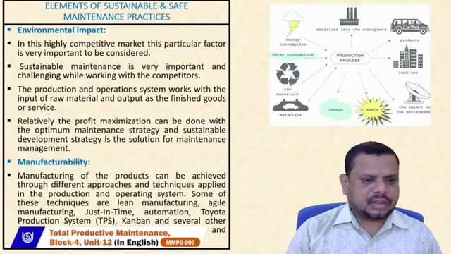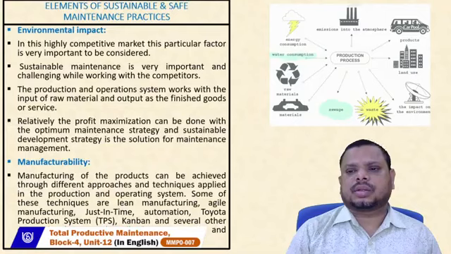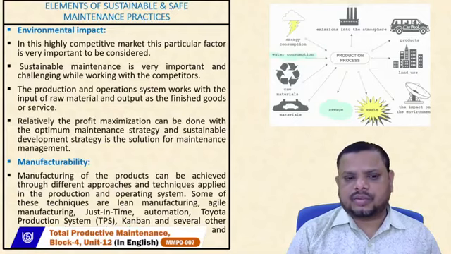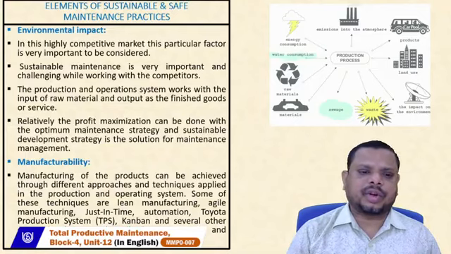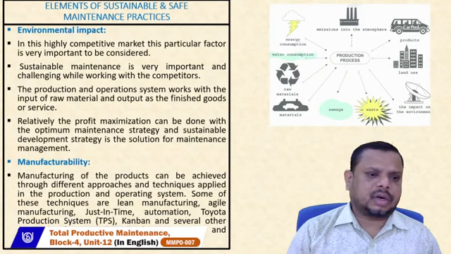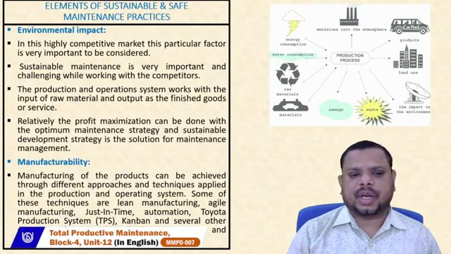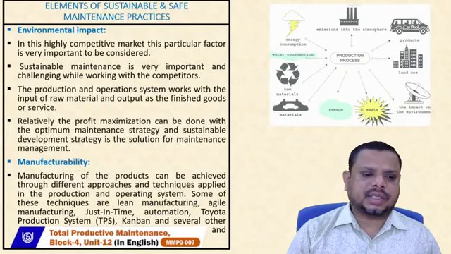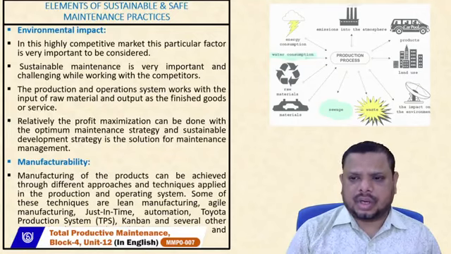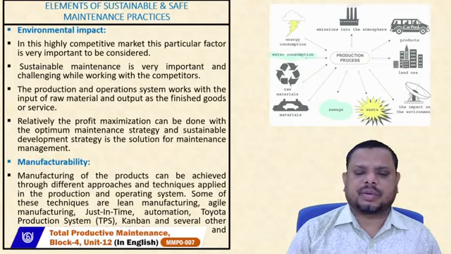The next important part is that the company has the common objective to go for profit maximization, which can be done through optimum maintenance strategies, and sustainability development strategies are the best solution nowadays for maintenance management.